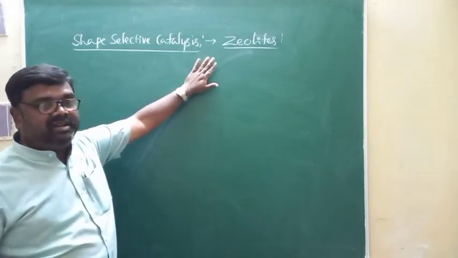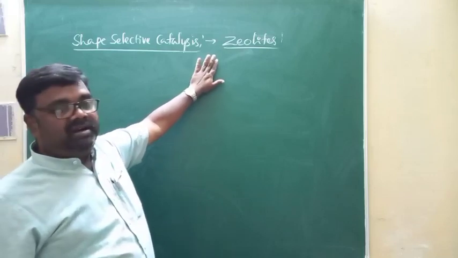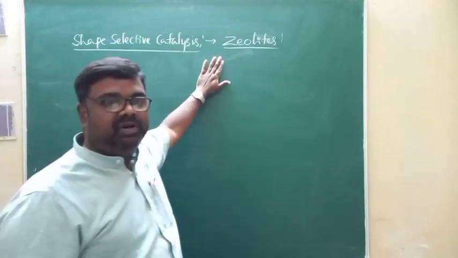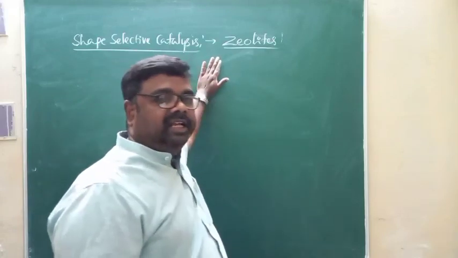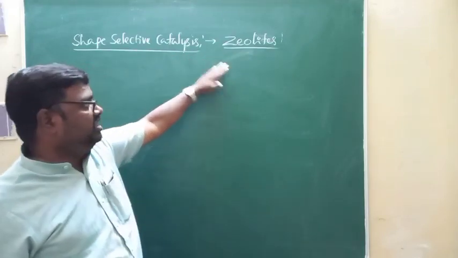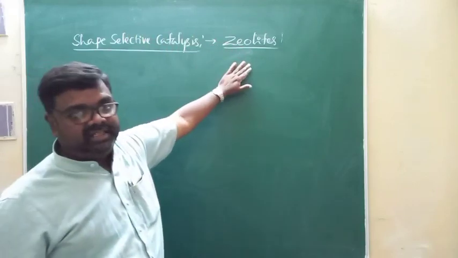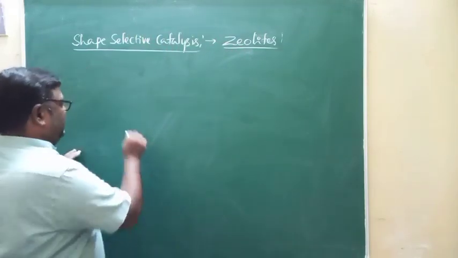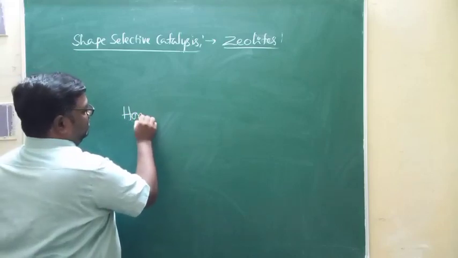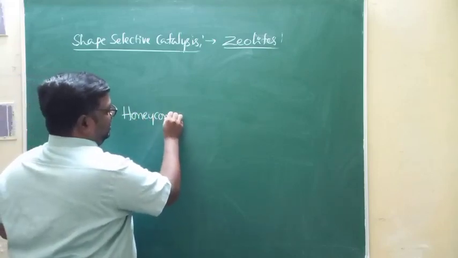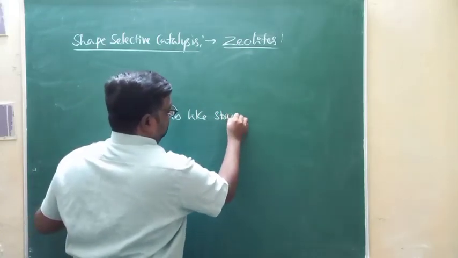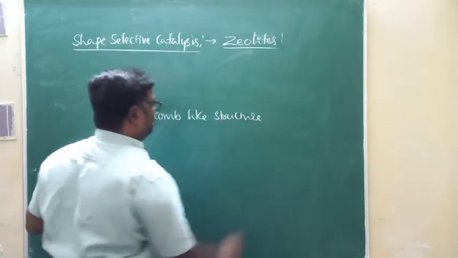As far as zeolites are concerned, zeolites are the catalyst which will be characterized by the pores on their surface, or you can say cavities on their surface. Generally, zeolites are used as shape selective catalysts because these zeolites are characterized by a honeycomb-like structure.